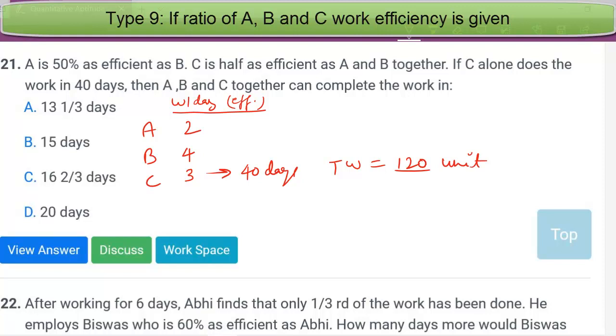That time will be 120 total work divided by their total work per day. That means A plus B plus C, which is 4 plus 2 plus 3, that means 9. So 120 by 9, so this will be 40 by 3. So 13 and 1 by 3 days. A is the answer.